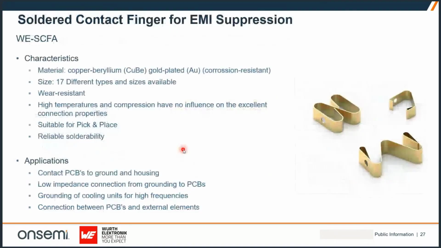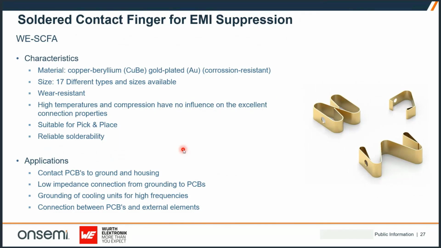Now, going from the PCB to the grounding and the cables that are being used. So for a good grounding, we have the soldered contact finger for EMI suppression, or the CSFA. So these contact fingers can be used to have lower impedance loops to the ground or chassis, and also it can improve the EMI behavior in this case.